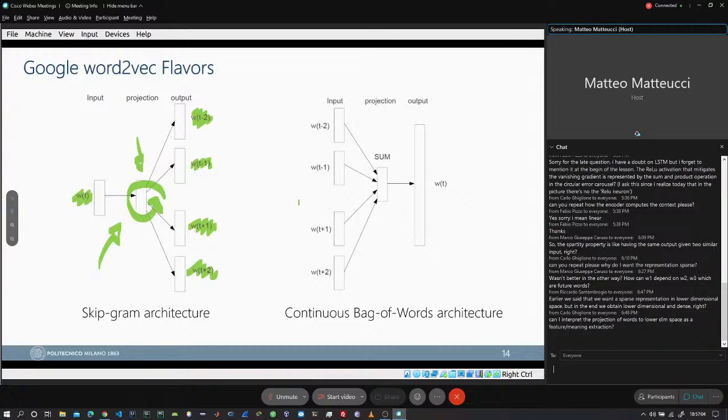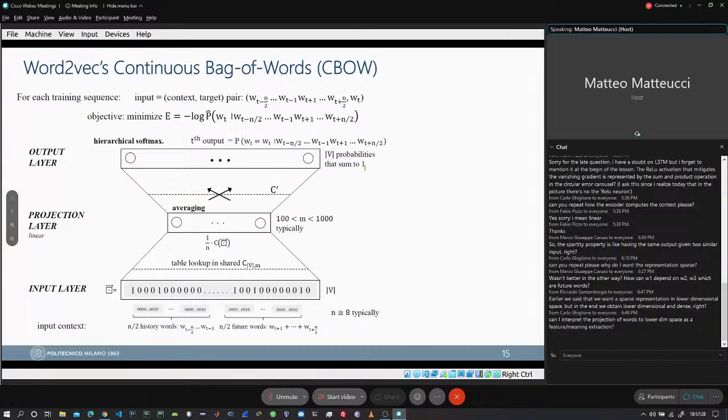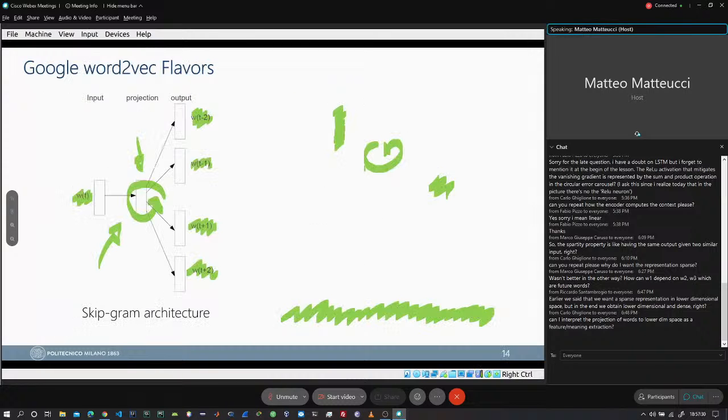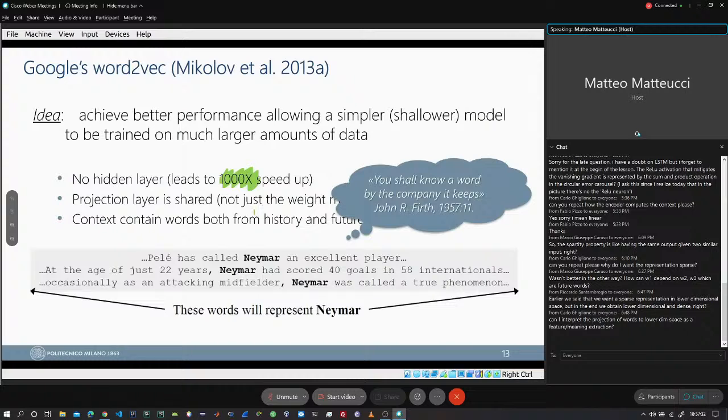Let's do it the other way around. This is the so-called continuous bag of words, in which what you do is basically take the one-hot encoding of the words around one term, you project and sum. This is the idea, which was in the previous slide, that the projection layer is shared.